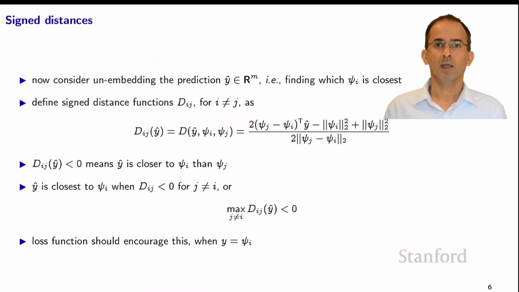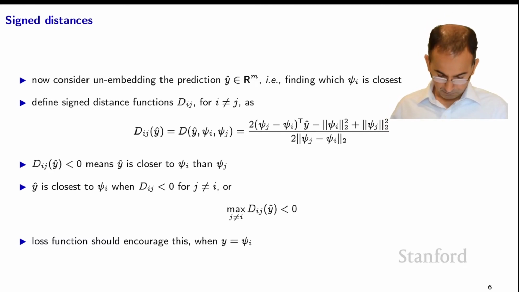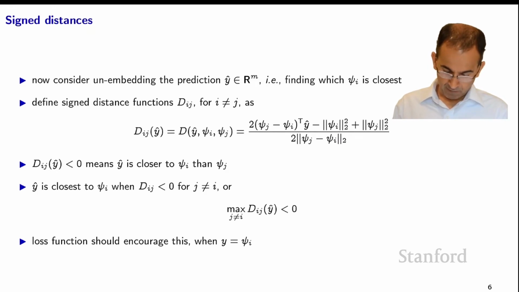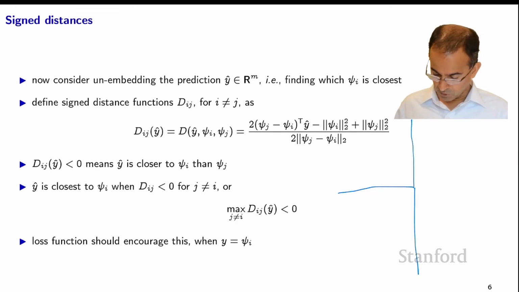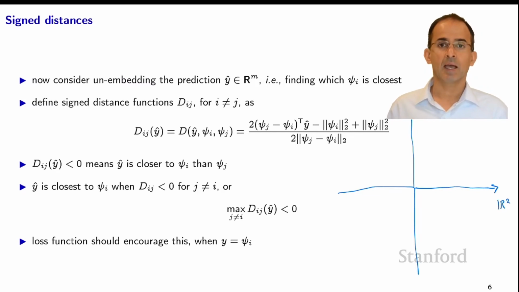So why do we want a notion of signed distance? And the idea goes like this. Suppose we have, let me draw a picture. So this will be R^2. So here m is 2. So we've embedded our categorical variables in the plane R^2.